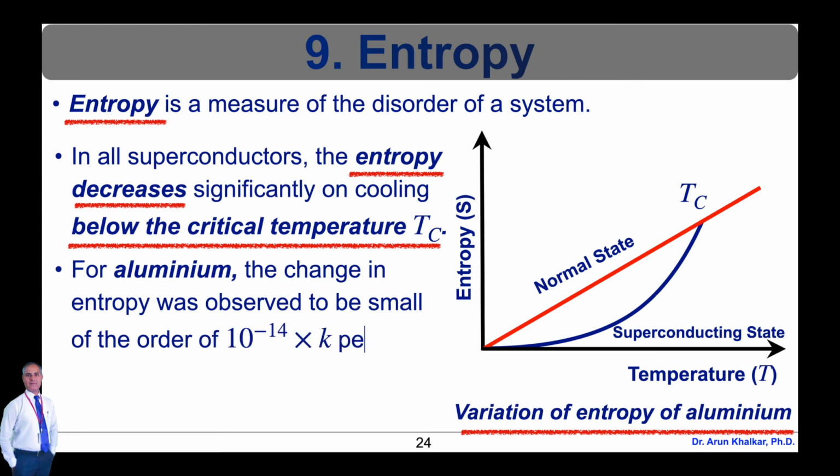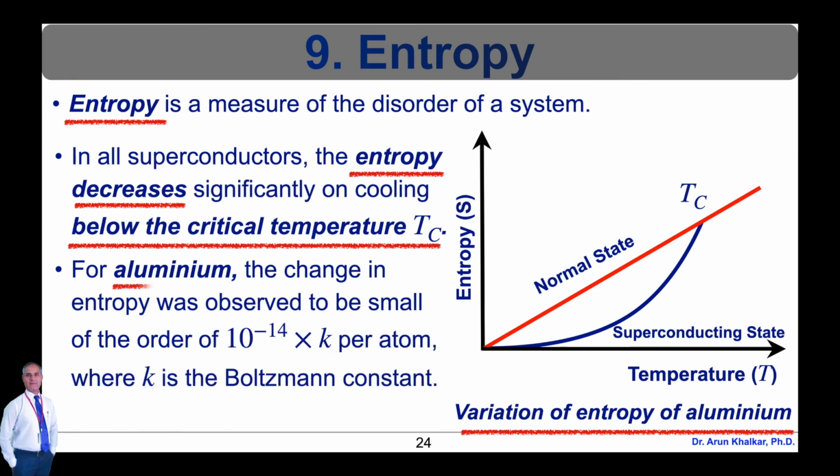For aluminium, the change in entropy was observed to be small, of the order of 10^−14 k per atom, where k is the Boltzmann constant. The variation of entropy of aluminium in the normal and superconducting states with temperature is shown in this diagram, which shows that as temperature increases, for the normal state the entropy increases linearly, whereas for the superconducting state the entropy increases along a curved line.